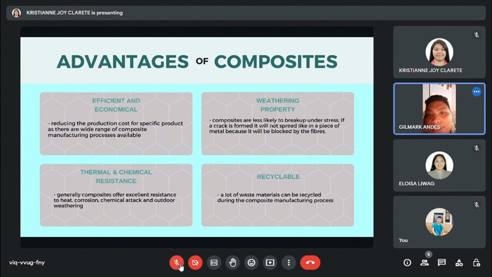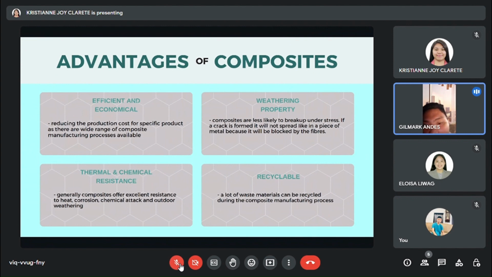Thermal and chemical resistance. Generally, composites offer excellent resistance to heat, corrosion, chemical attack, and outdoor weathering. And composites never rust, regardless of their environment, though they are prone to corrosion when bonded to metal parts. Composites have less fracture toughness than metals, but more than most polymers.